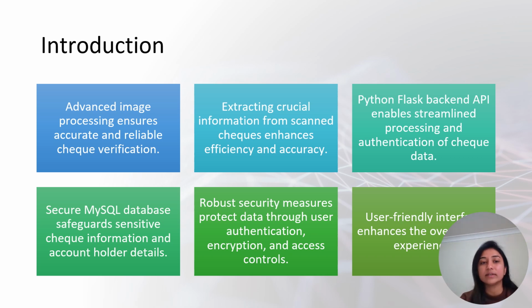A secure MySQL database holds sensitive information. It also protects the data through user authentication, with a user-friendly interface for the user experience. So overall, in the check verification application we have to use the latest technologies like image processing and database management, and the product vision is to provide a highly accurate and efficient system to verify.